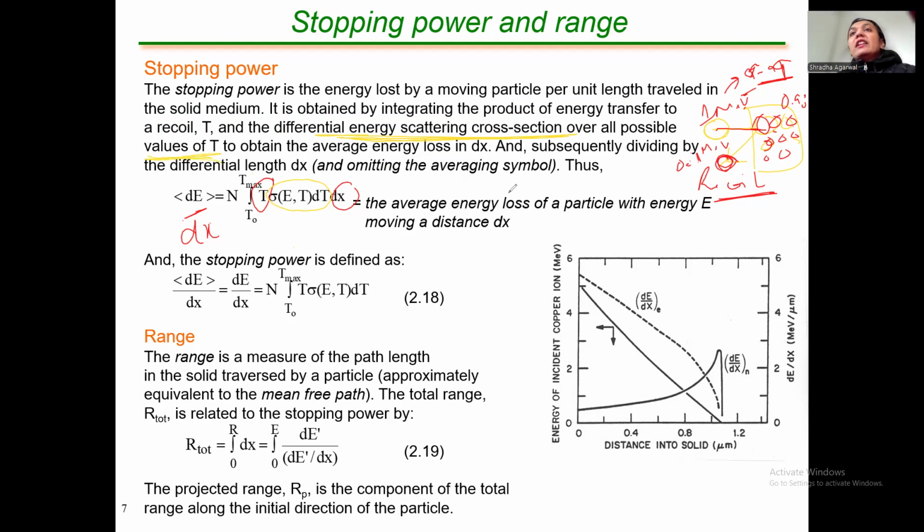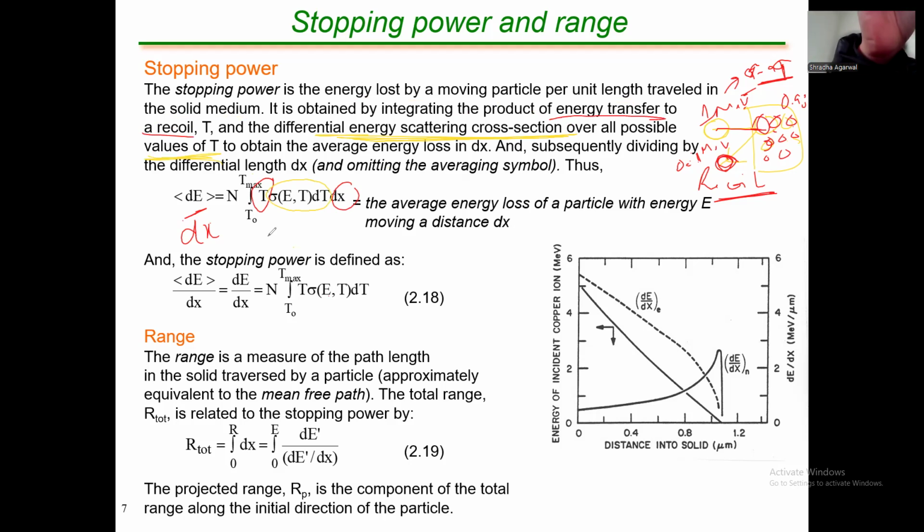How much energy it gives to the recoil, your cross section would change as it slows down and creates more recoils. Your differential energy scattering cross section will change. So this is one thing, and the second thing it depends on is your energy transfer to recoil, right? These are the two things.